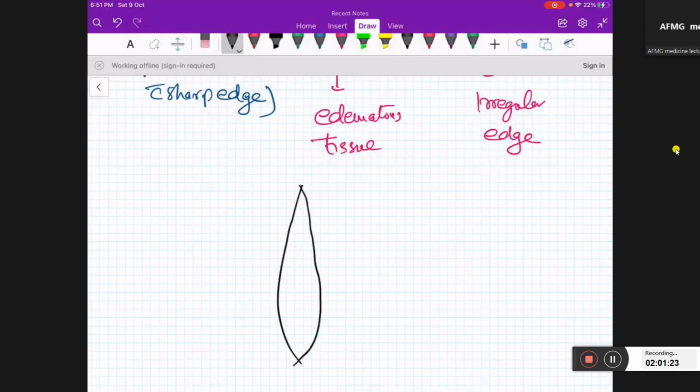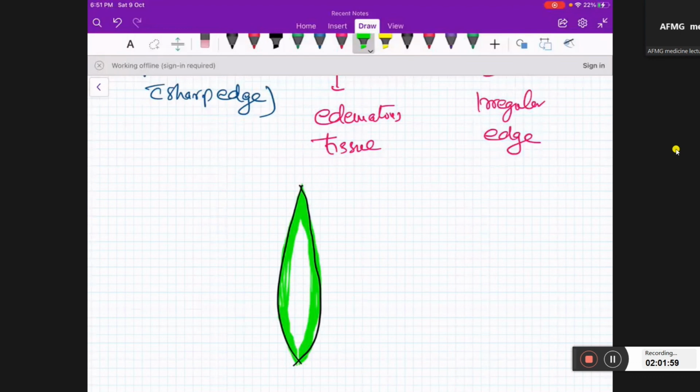Imagine we are suturing skin. Just imagine we are suturing this skin. Now imagine this is the skin of the individual you are suturing. This individual has thick skin. This green part, imagine, is the thickness of the skin you are suturing.